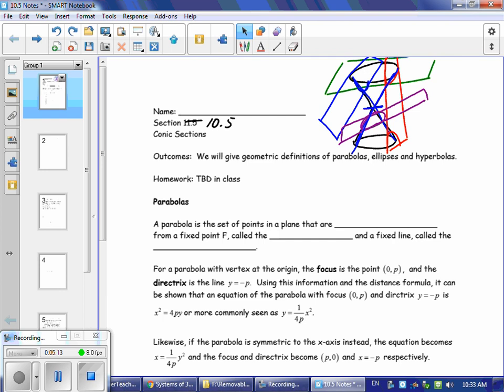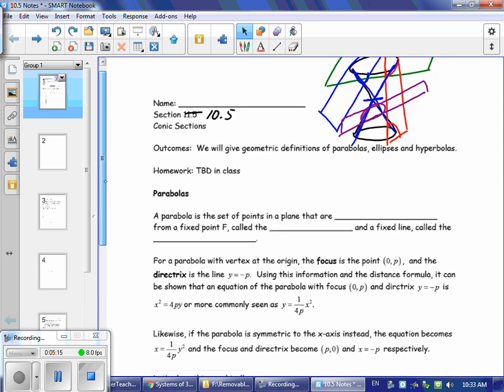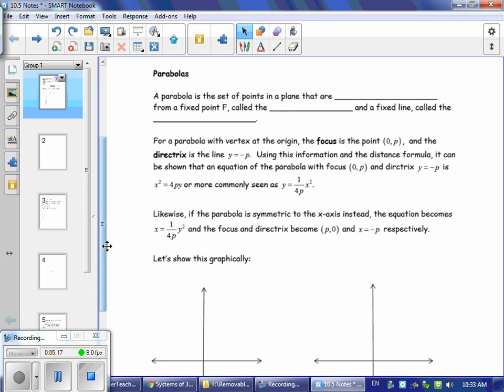Okay, parabolas. Let's get to this. Parabolas, the definition of a parabola. It's a set of points in a plane that are equidistant from a fixed point F. And we call that fixed point, you've probably heard this before, the focus.